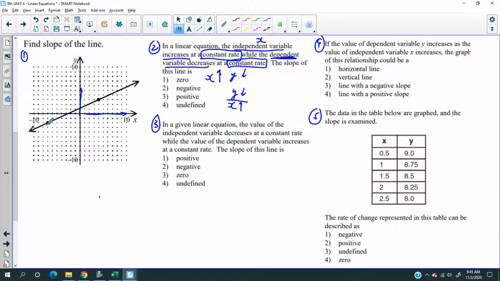For example, if this were 0, 0, so this is 0, 1, let's say, as it goes to 10, this number is now 1, 2, 3, 4, 5, 6, maybe 6. It's not exact because the line's not exactly on it, but it's close enough. Notice how 0 has become 10 and 1 has become 6.